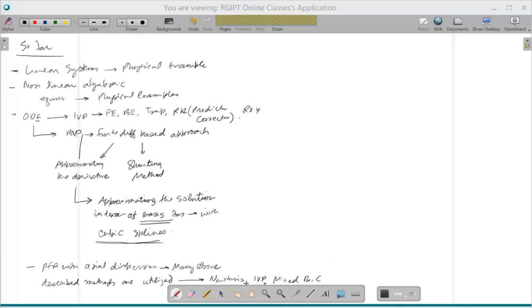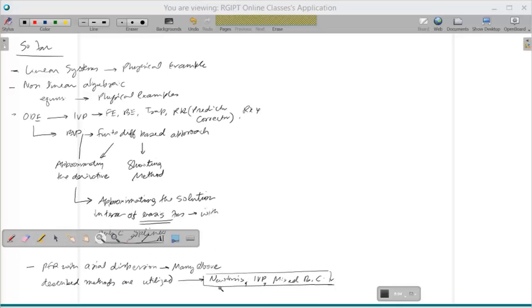You don't have a Dirichlet kind of boundary condition; you have a mixed boundary condition at another boundary. So these are the issues which make this problem interesting. Basically, the mixed boundary condition is what makes it interesting, and the ideas which are used are basically this method, and initial value problem solving.